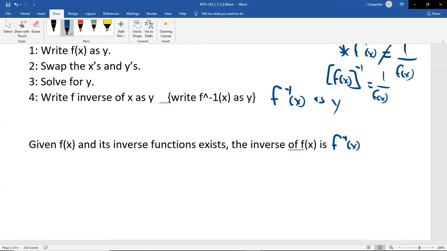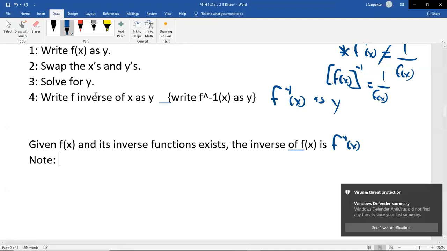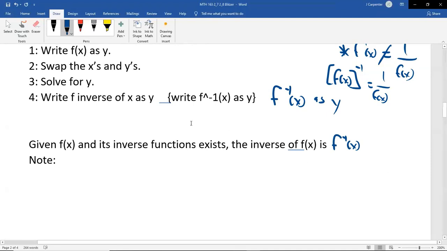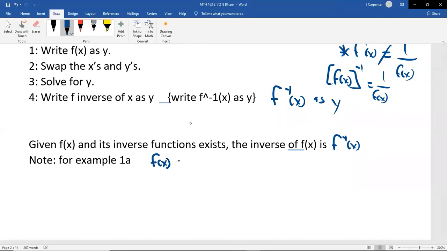That's read as f inverse of x. For example, 1a, because they were inverses of each other, you could say that f of x was the inverse of g of x, or you could have said that g of x was the inverse of f of x.